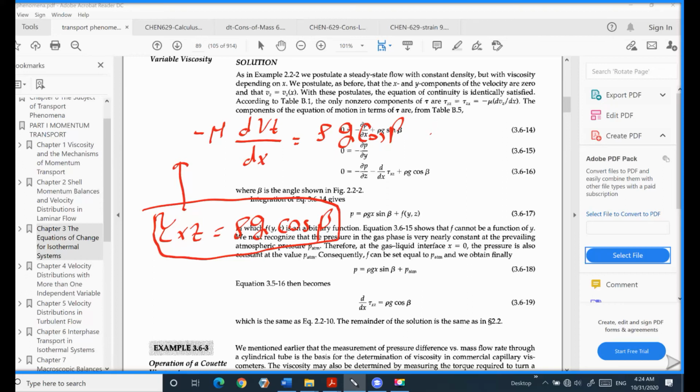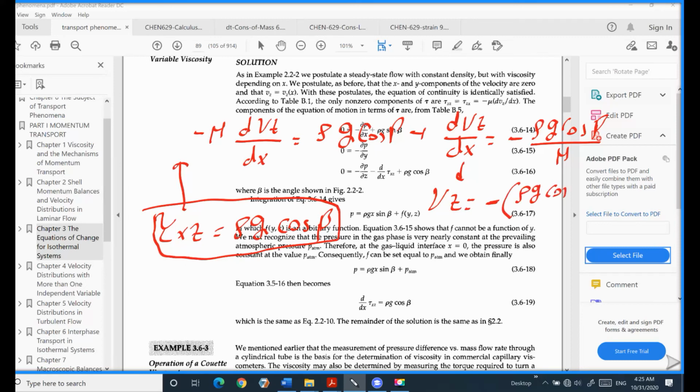Then we can write dvz over dx is going to be minus rho g cosine beta x over mu. Then, as a next step, if we integrate that equation, we obtain vz equal to minus rho g cosine beta over 2 mu x squared plus C2.